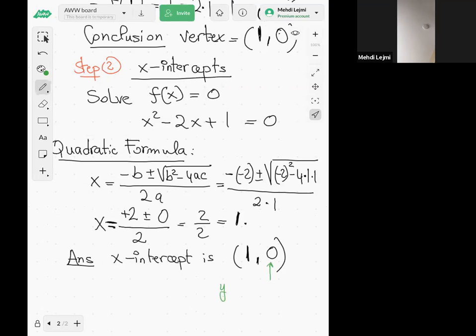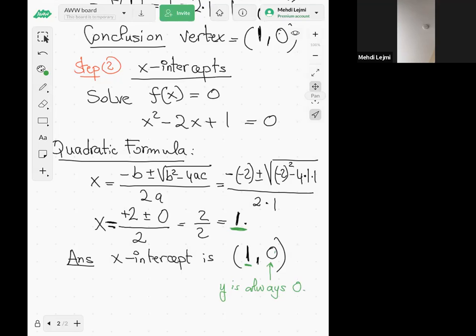I got my solution, 1, but the y coordinate is always 0 for the x-intercept. So that's my x-intercept.